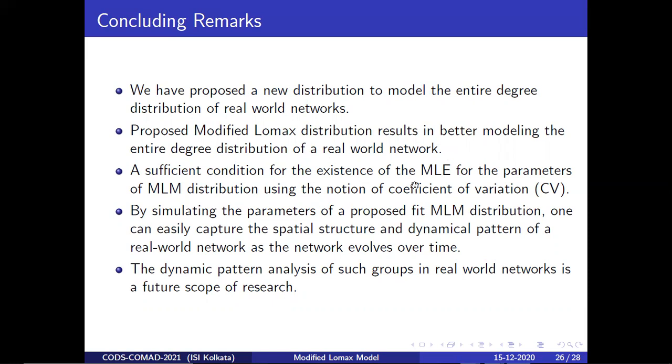A sufficient condition for the existence of the MLE for the parameters of the MLM distribution is shown using the coefficient of variation, that is, for a dataset where CV is greater than 1, our proposed MLM model will always give a better fit. By simulating the parameters of the fitted MLM distribution, one can easily capture the spatial structure and dynamical patterns of a real-world network as the network evolves over time.